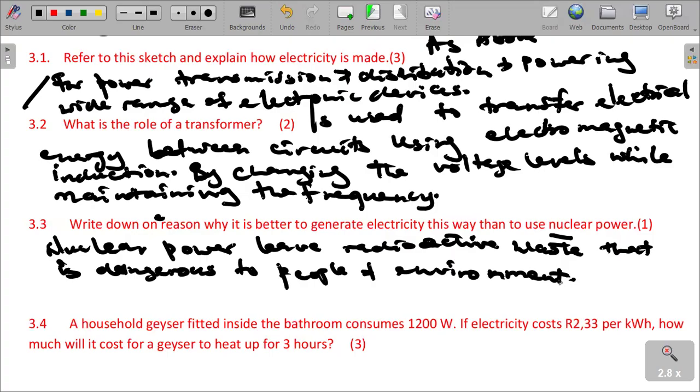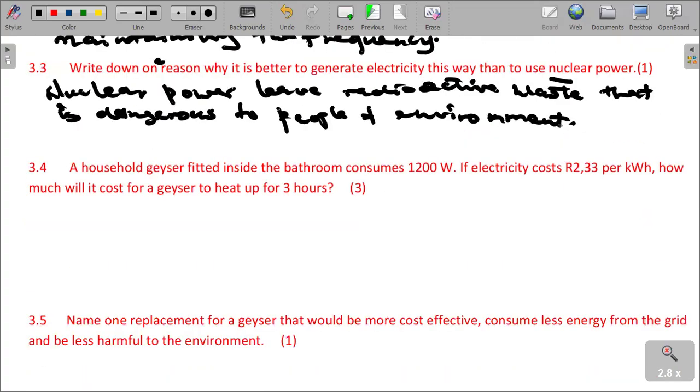We have the next question: a household geyser fitted inside the bathroom consumes 120 watts. If electricity costs 2 rand 33 cents per kilowatt, how much will it cost for the geyser to heat up for 3 hours? This is another interesting question. In this case we are asked to calculate the cost of electricity.